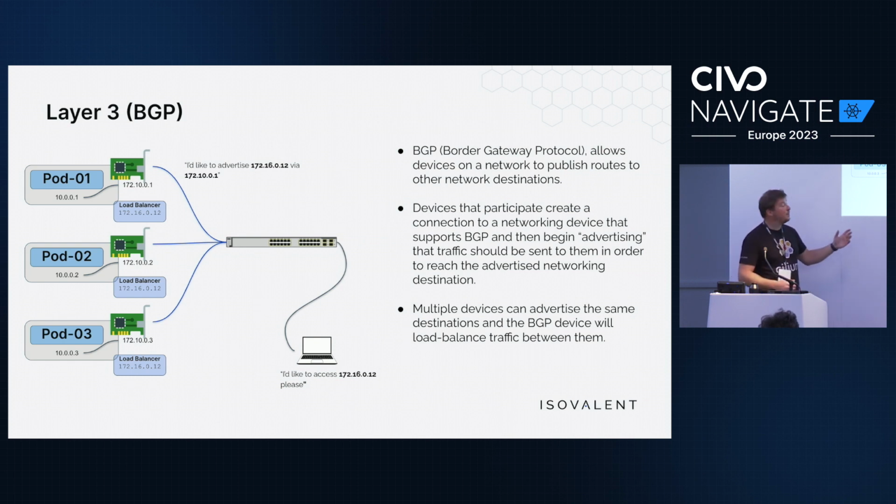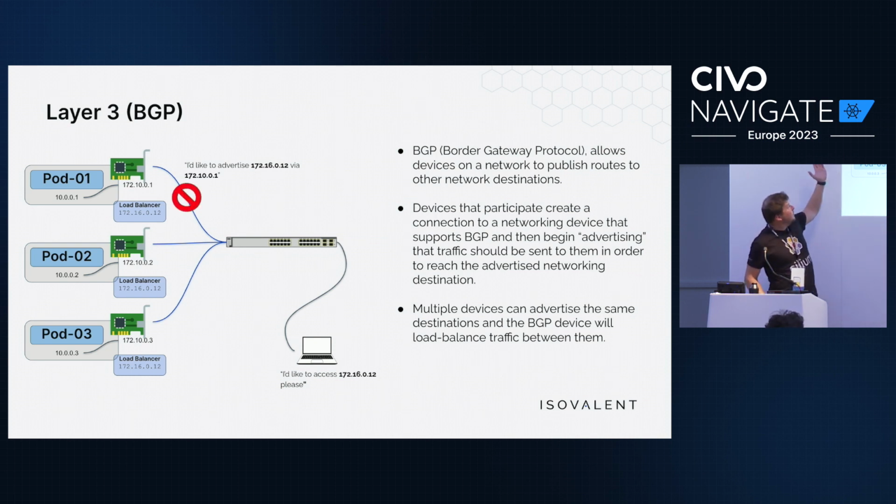And that's effectively what BGP is doing. It is an announcement protocol which basically says, if you want to get traffic to this particular IP address or this IP address range, send it to me and I will answer, or I will continue routing it to where it needs to go. And that's effectively how you do slightly larger networking from a layer 3 perspective.